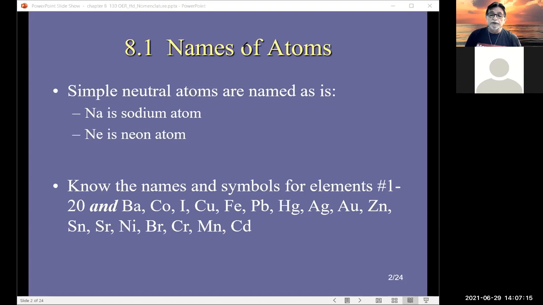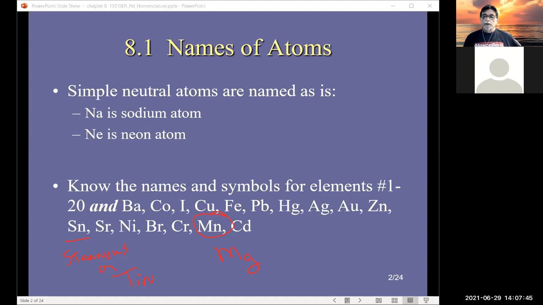So we will accept for SN either stannous or tin. Either one will work. Then strontium, nickel, bromine, chrome. This is the interesting one: manganese versus magnesium. Those two get confused quite a bit. Mn versus Mg. And then cadmium.